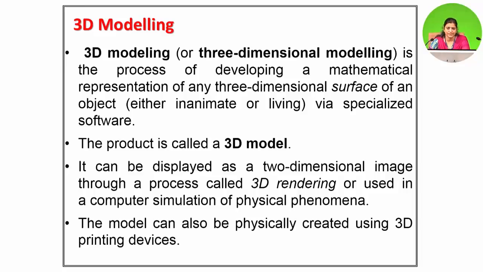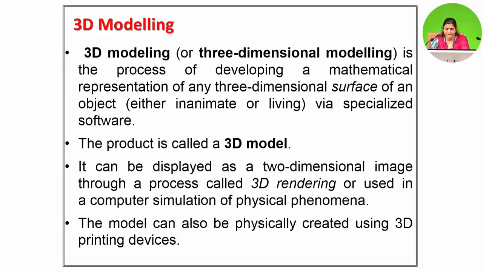When all these points have x, y and z coordinates, what we generate is called a point cloud. A point cloud can be converted into a solid model, and the product is called a 3D model. This 3D model can be displayed as a two-dimensional image through a process called 3D rendering, or it can be used in a computer simulation of physical phenomena.